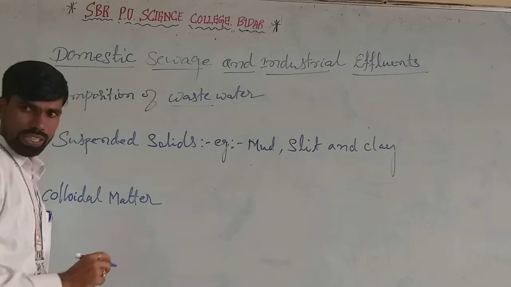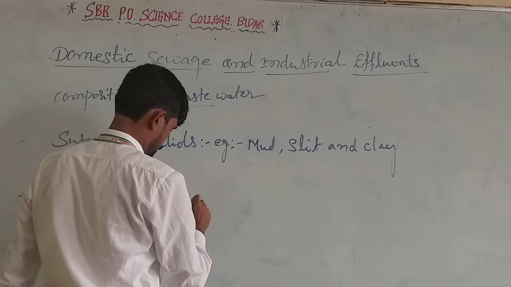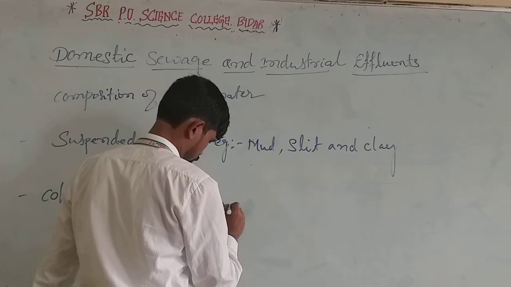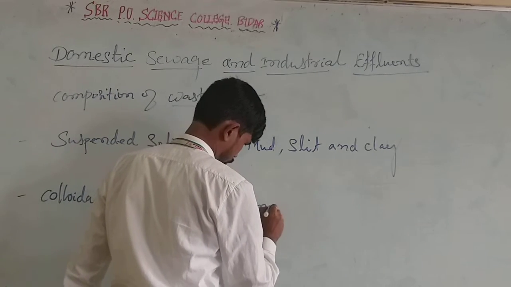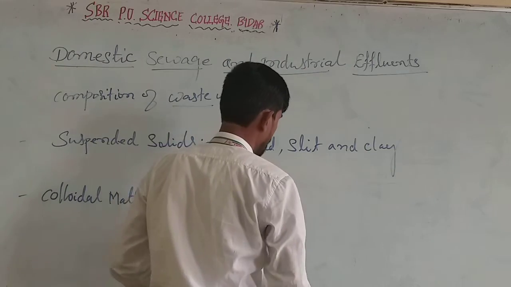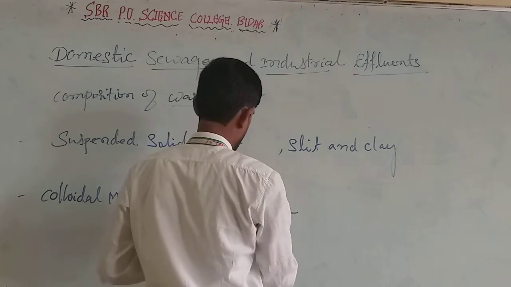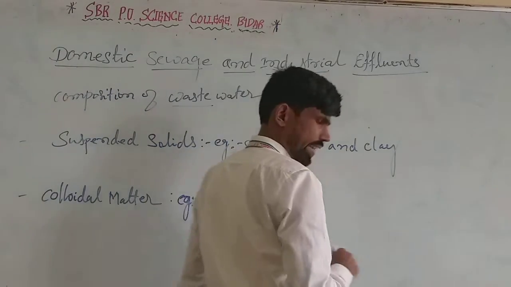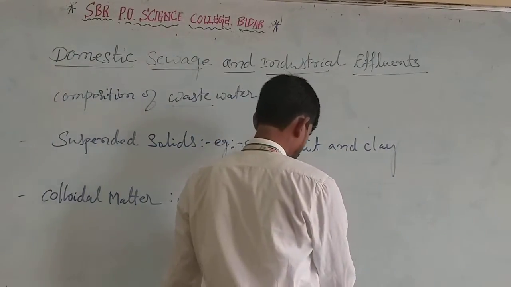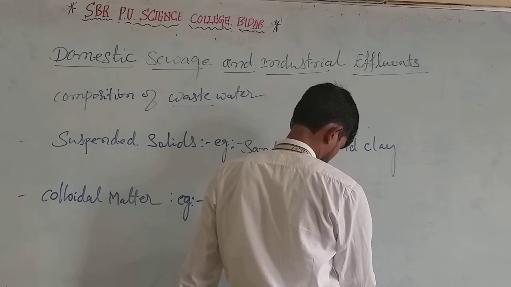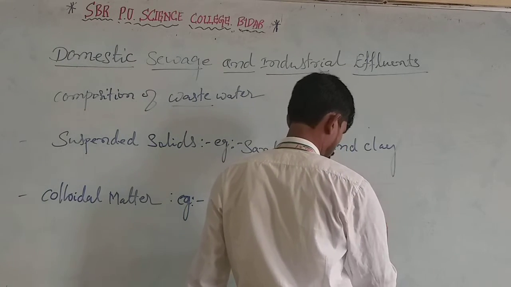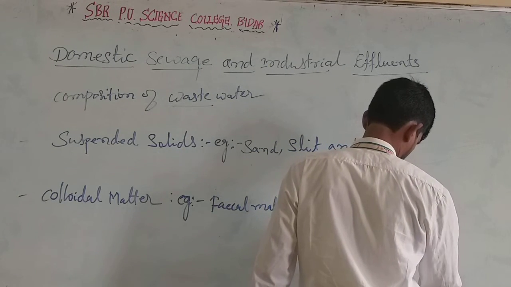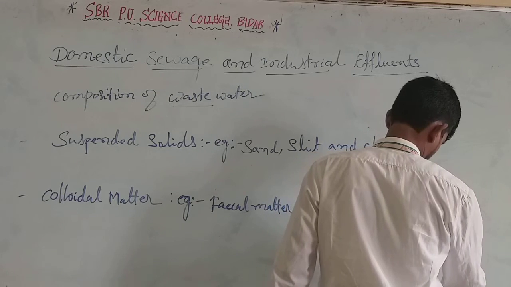Colloidal matter examples are fecal matter, or say mud or sand. This is sand. Fecal matter, then bacteria, then paper, fiber, then cloth.